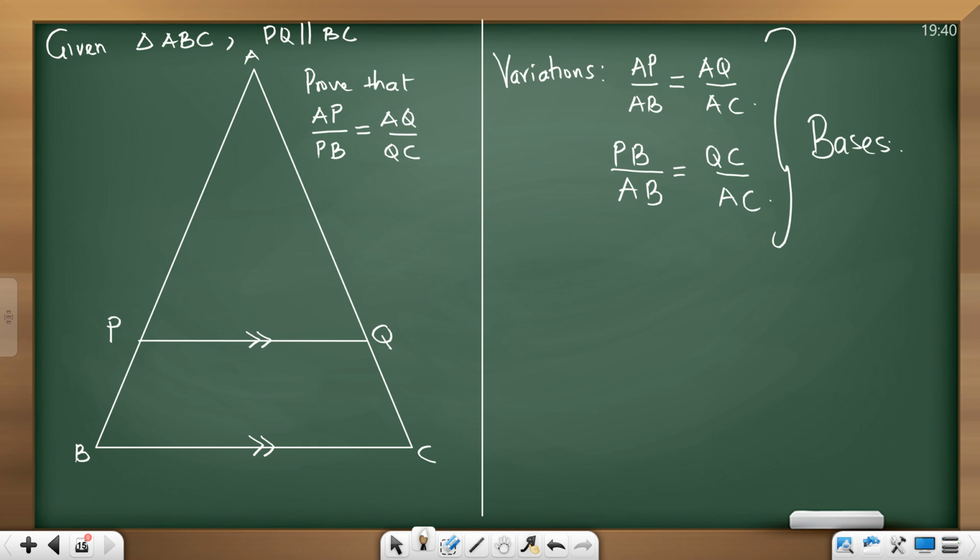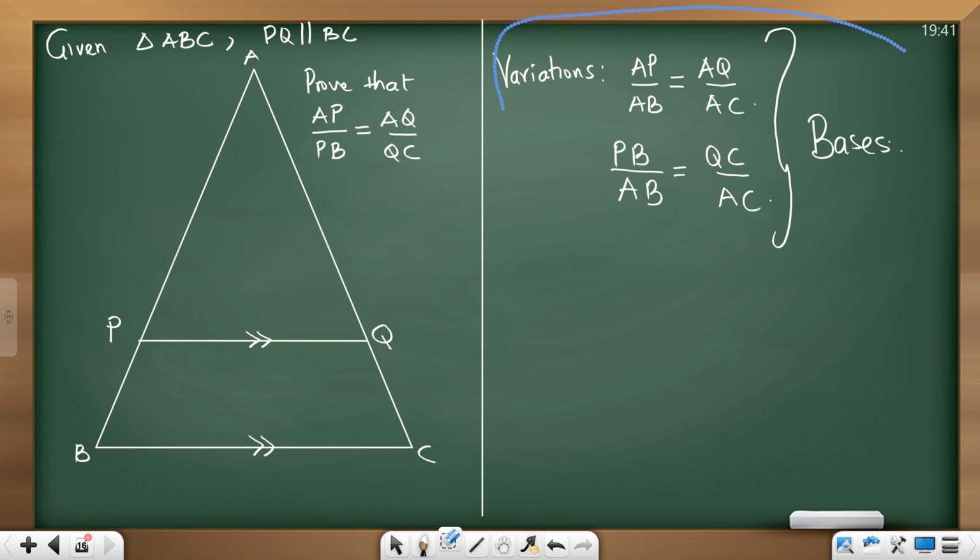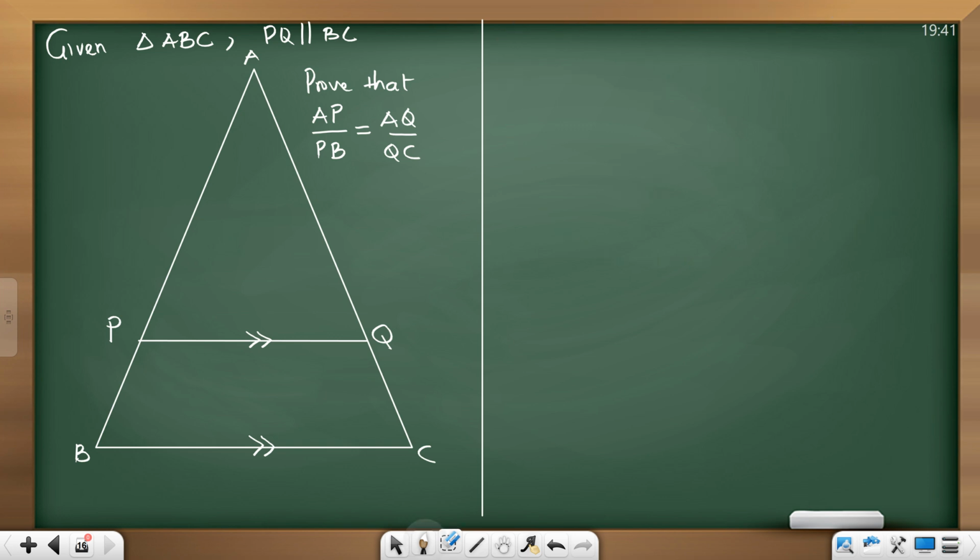Okay. And I am going to be using the concept of what? Area. But for me to get area, I must have what? Height. Okay, so I'm only going to be using area, that's all. So let's prove. I'm going to construct. Remember, every time we construct, what do we use? Dotted lines, right?